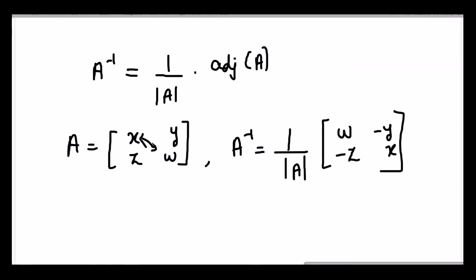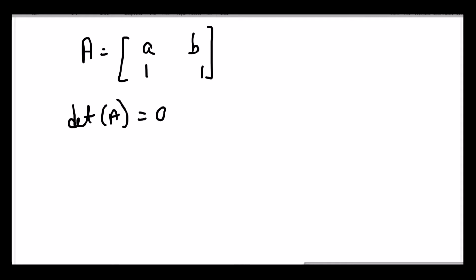Now if I apply the same technique over here, in our case we know that our A is nothing but the matrix a, b, 1, 1, right? So what is the determinant of A? The determinant of A is nothing but a minus b. Now this is non-zero because we want to look for the matrix whose inverse exists. So obviously we will assume that a is not equal to b, because if a equals b, then the inverse does not exist.